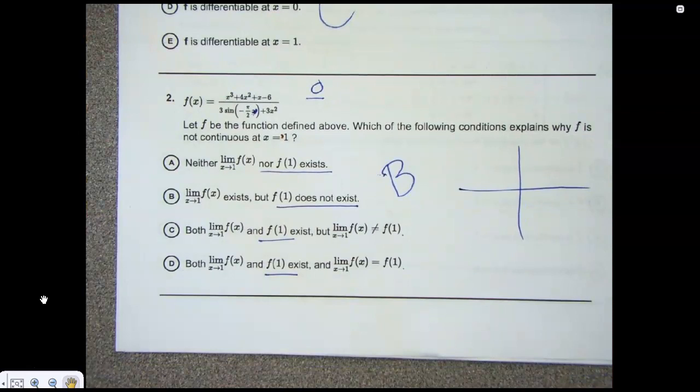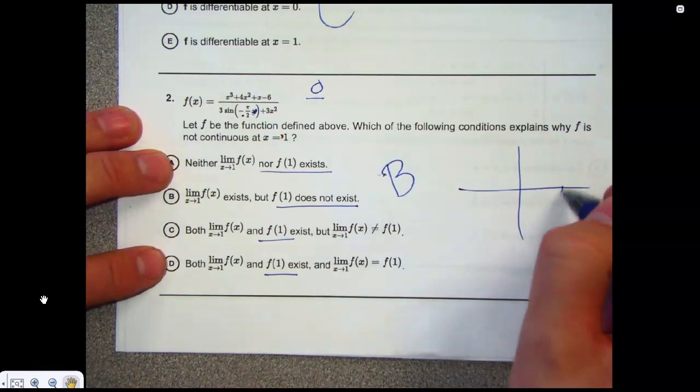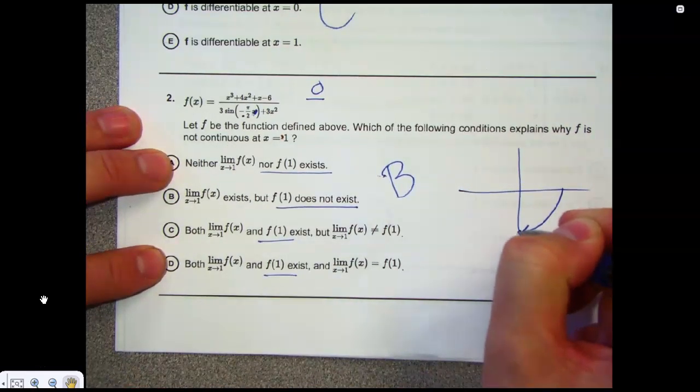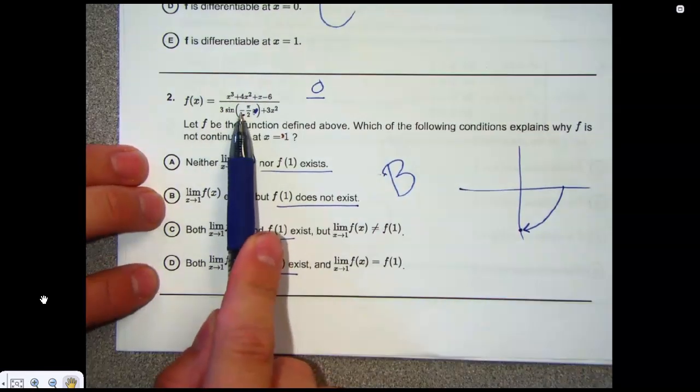How many degrees is pi? 180. So pi over 2 is 90, and negative pi over 2 is negative 90. So you go backwards 90 degrees to here, and sine is the y value. So what is that? Negative 1. So this becomes 3 times negative 1.